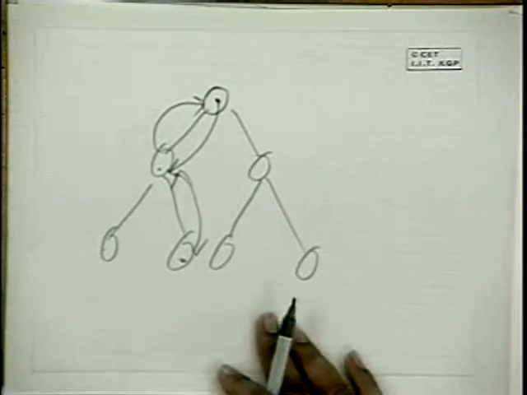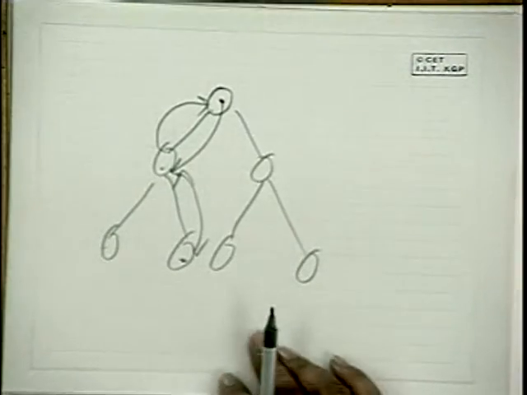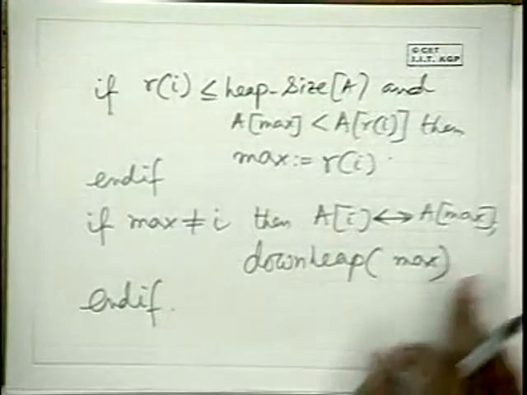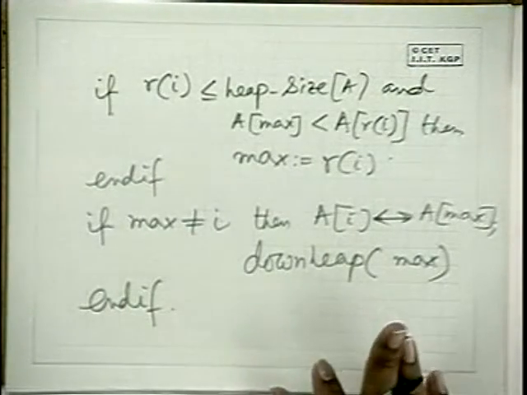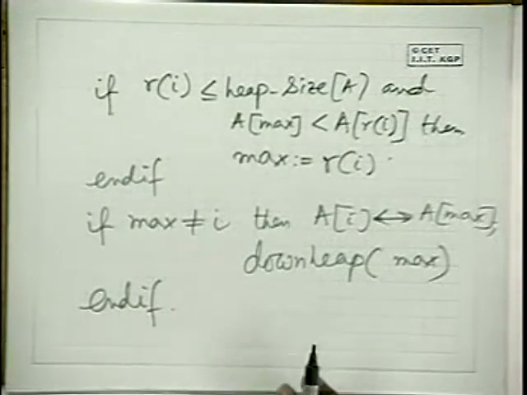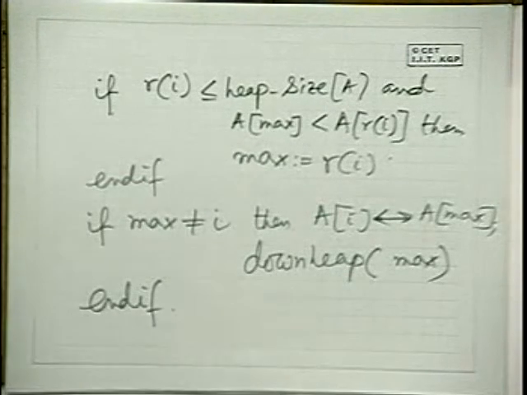Okay. Now how much time does this entire algorithm take? Somebody is saying n, somebody is saying log n. Let's not bother with log n or n, but tell me how many times this down heap is called. Height of the heap, right?